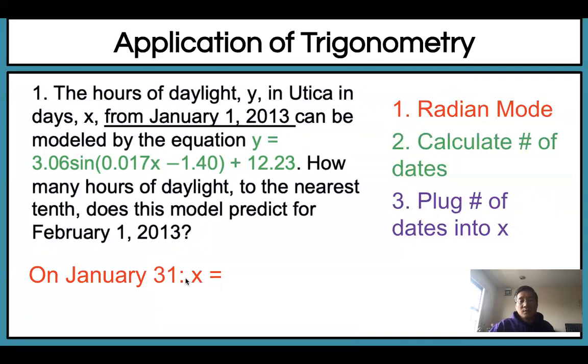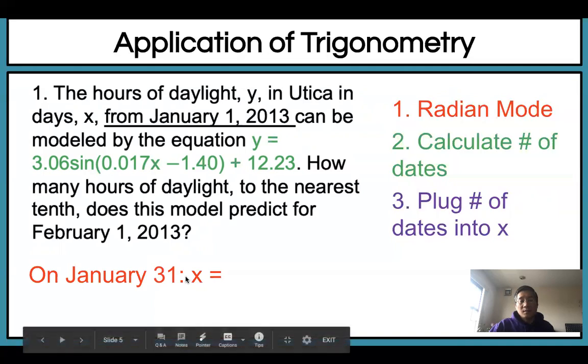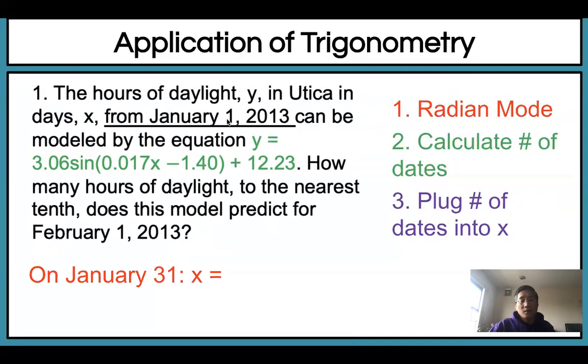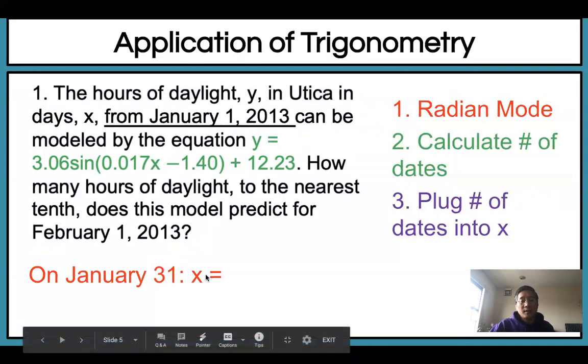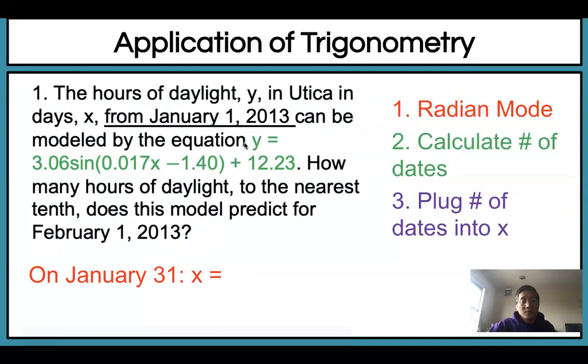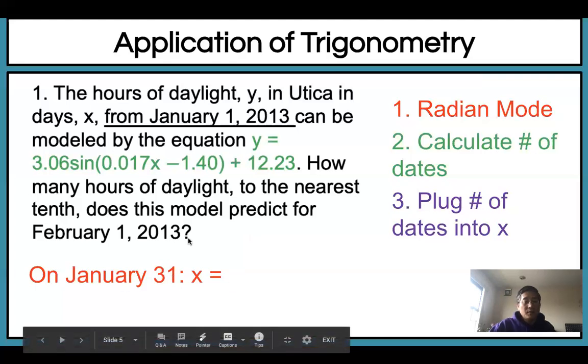As we did in the Do Now, 30 days pass from January 1, right? So x is 30, not 31. We know that January 2nd is 1, 1 day passed from the first day. So 30 days passed from January 1 for January 31st.